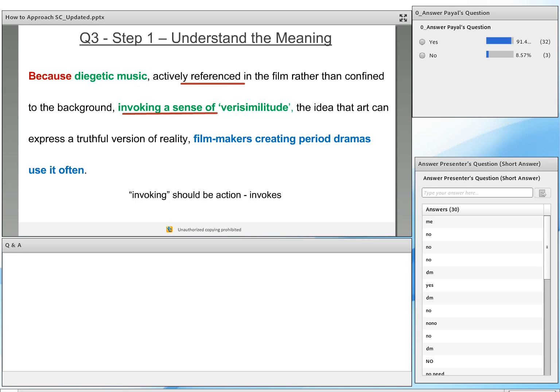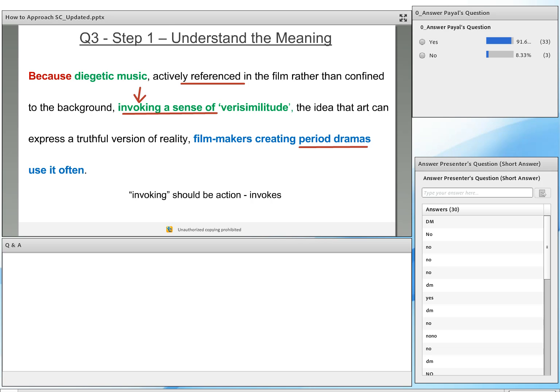The idea that art can express a truthful version of reality. Filmmakers creating period dramas, historical dramas, use it often. Now again, there is that linkage, right? Because diegetic music invokes a sense of verisimilitude, the filmmakers who are creating these historical dramas use diegetic music often. So the only way to correct the sentence is to convert invoking into invokes.